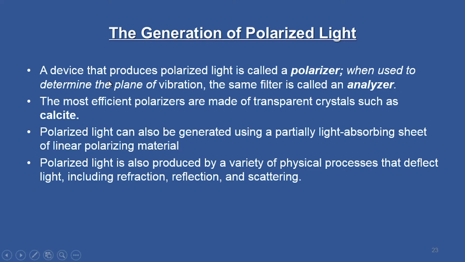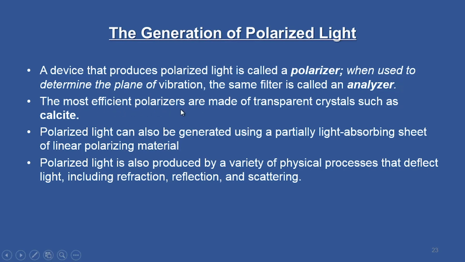A device that produces polarized light is called a polarizer. When used to determine the plane of vibration, the same filter is called an analyzer. Please understand, we have the same material which is being called polarizer as well as analyzer. It is called a polarizer when it produces polarized light, and when it is used to determine the plane of vibration, the same filter is called an analyzer.